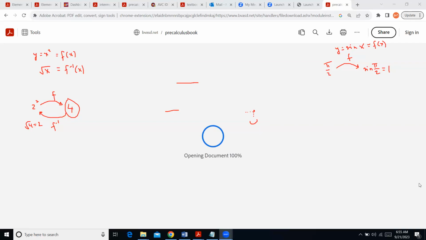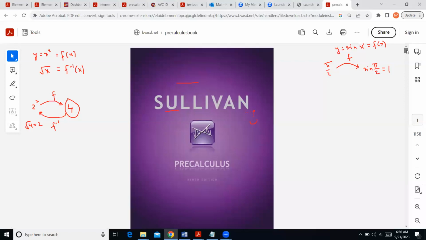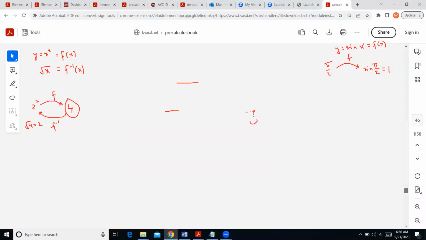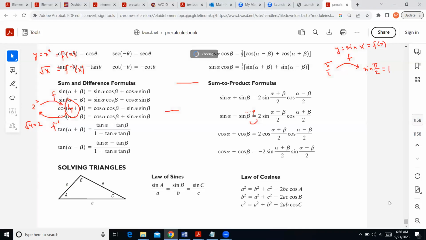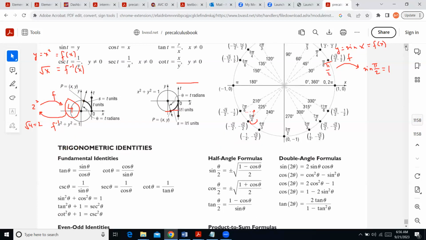So let me go to the very end of this textbook, to the last pages, and get that circular diagram.